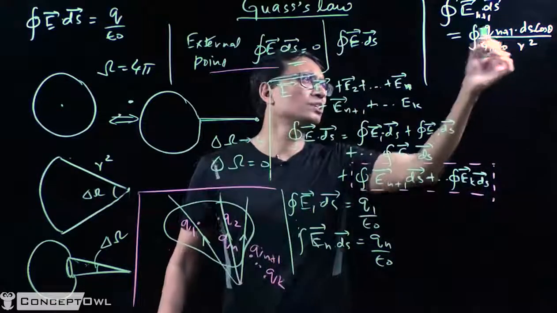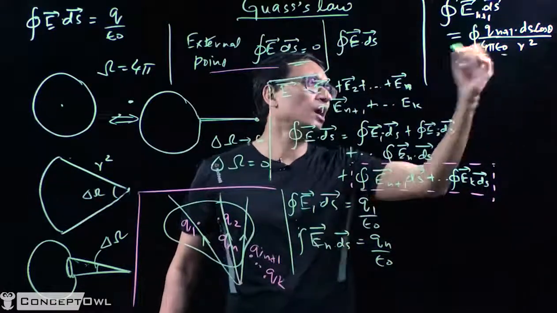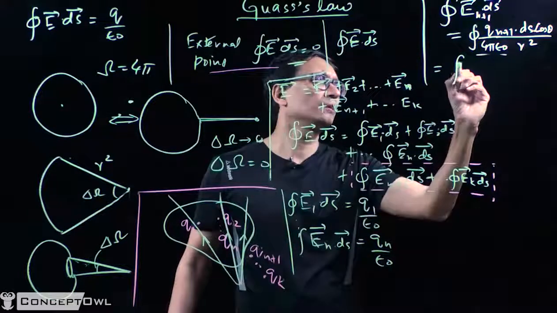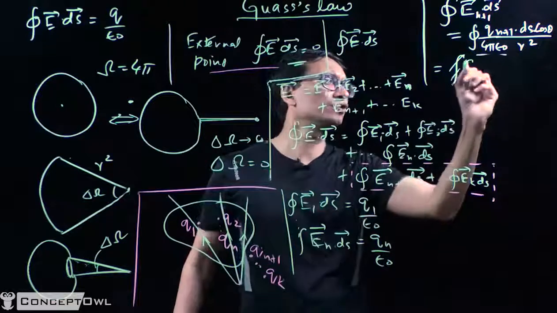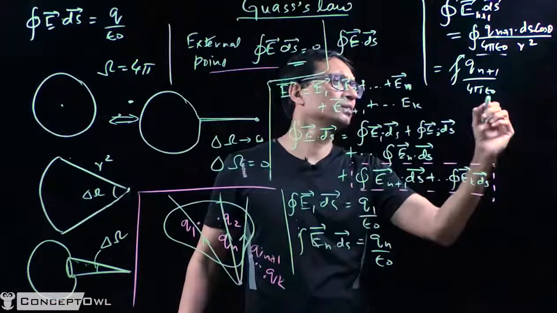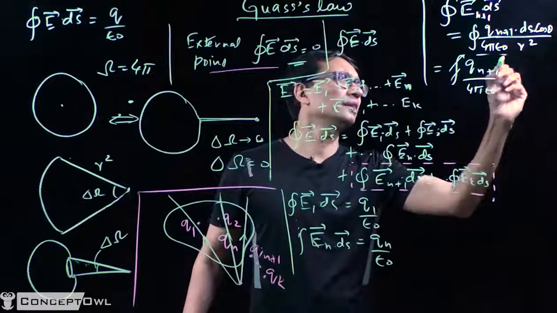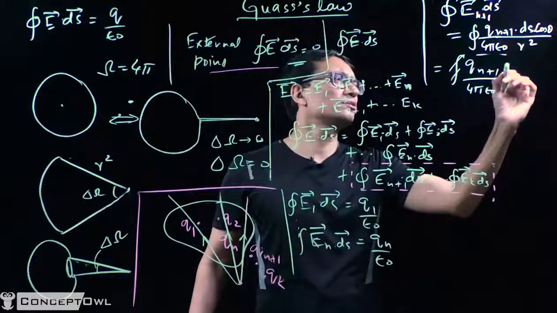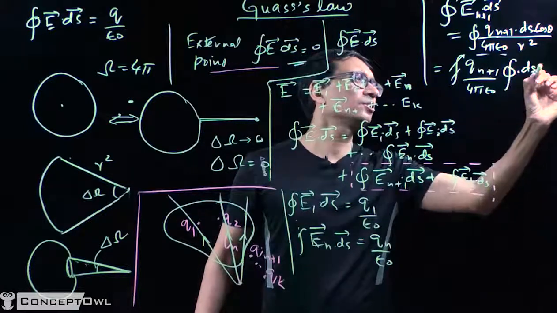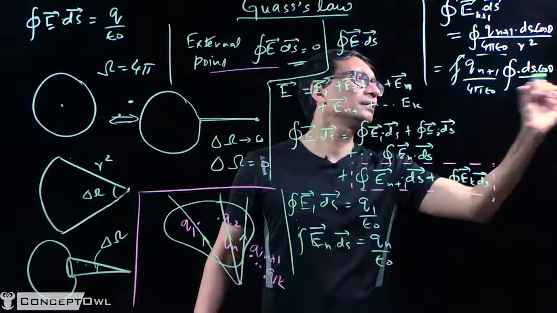Just take the charge and 4 pi epsilon naught outside because they're constant. So this would be Qn+1 upon 4 pi epsilon naught, and the integral of ds cos theta divided by r square.